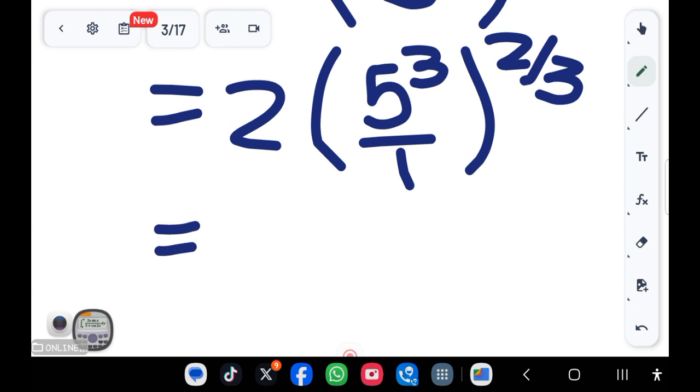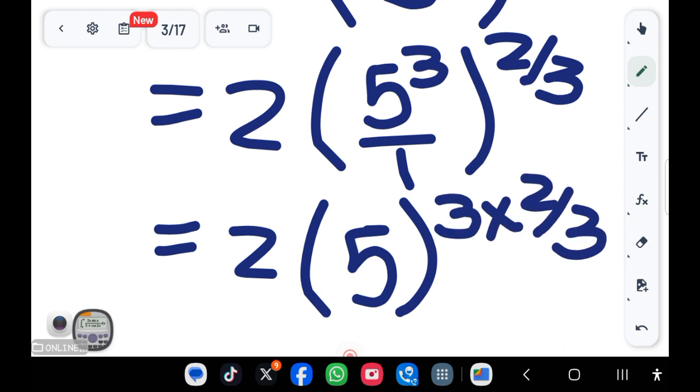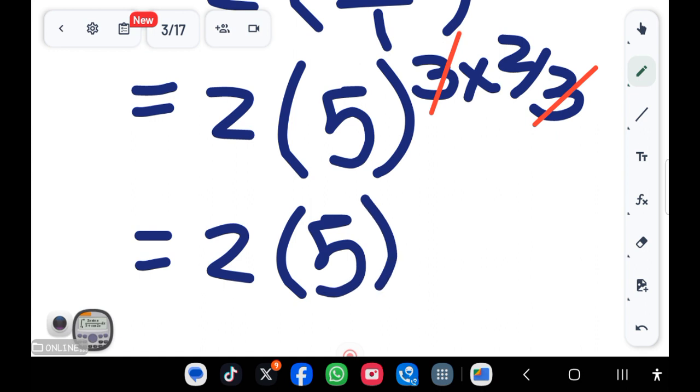Many ways to kill a cat. So that is 2 in brackets, 5 to the power of 3 times 2 over 3. When we raise a power to another power, the exponents multiply together. That leaves us with 5 to the power of 2.